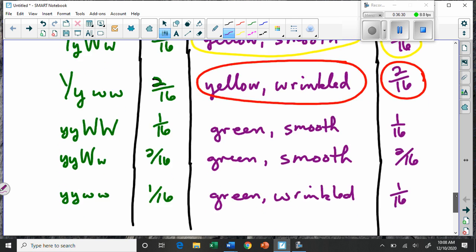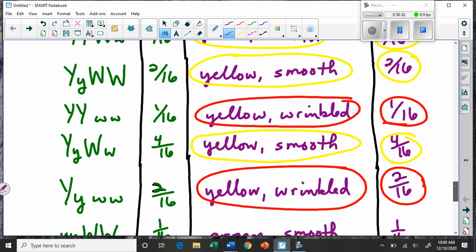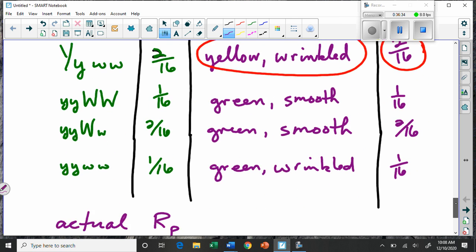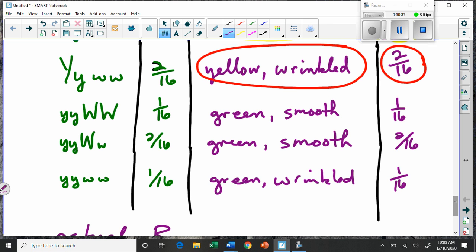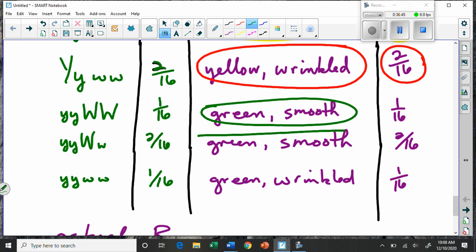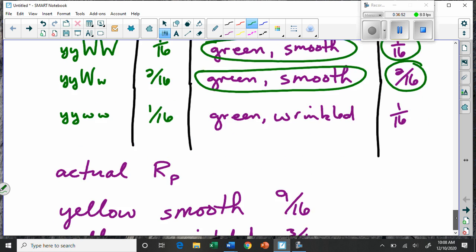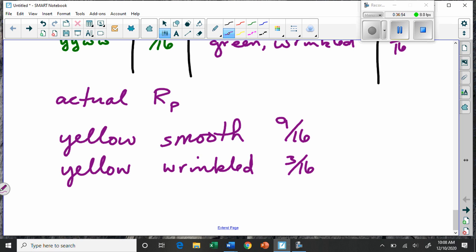Then I go back up. I've got those 5 already covered. So now we'll look at the green options. And it looks like I have green and smooth here, green and smooth here. 1/16 and 2/16 means 3/16. So I go down here and I write green and smooth, 3/16.